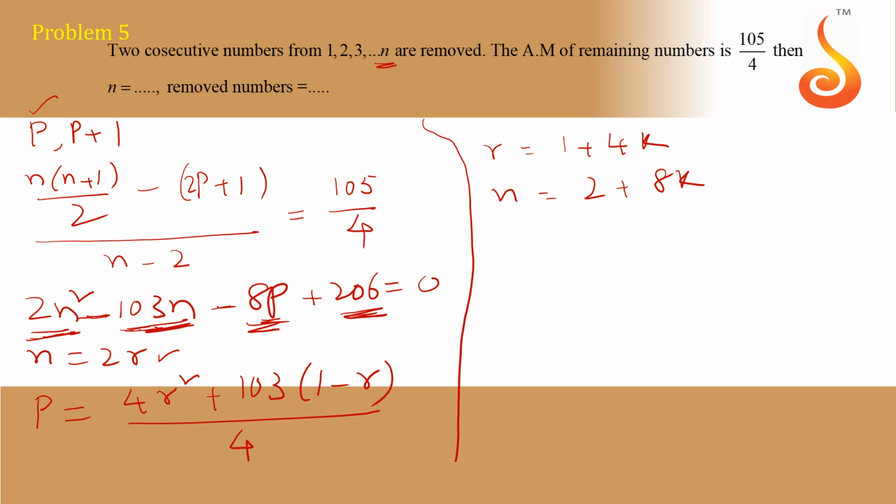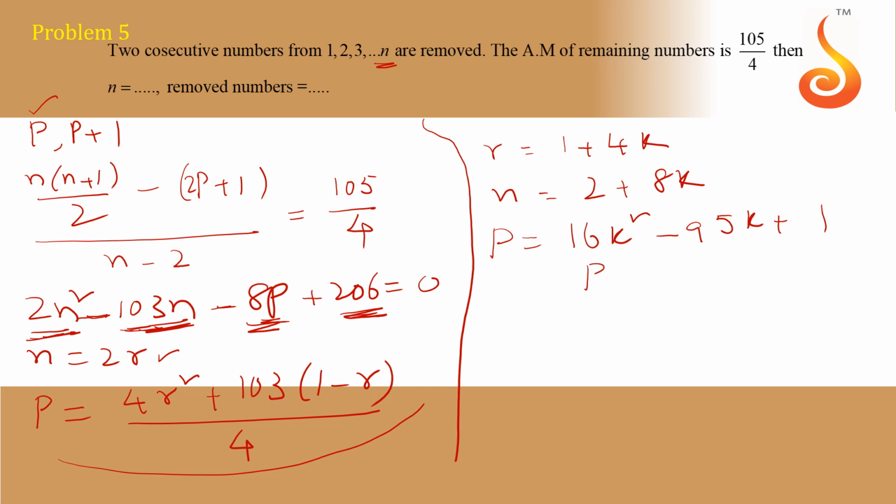Then if you substitute n and r values in p, you will get p equal to 16k square minus 95k plus 1. So r and n you got in terms of k, and let us substitute back in this p. You will get p equal to 16k square minus 95k plus 1.